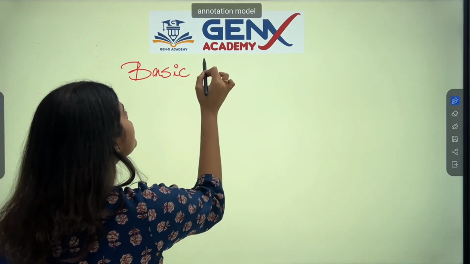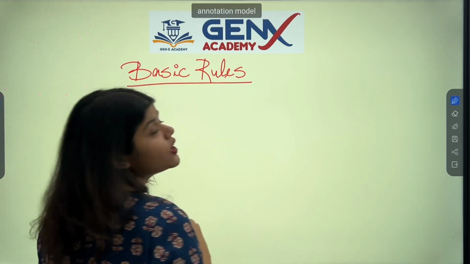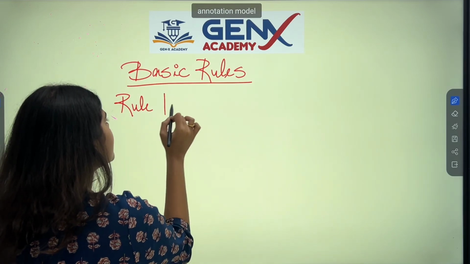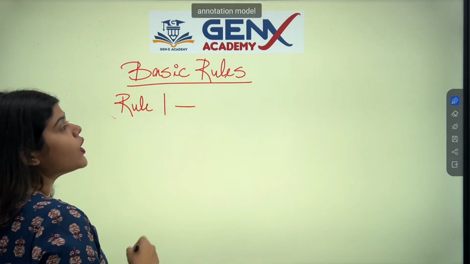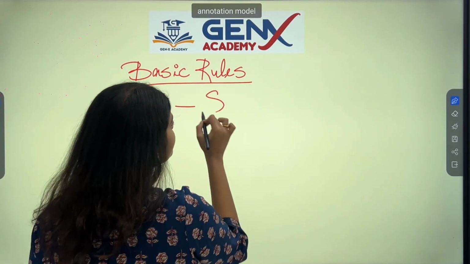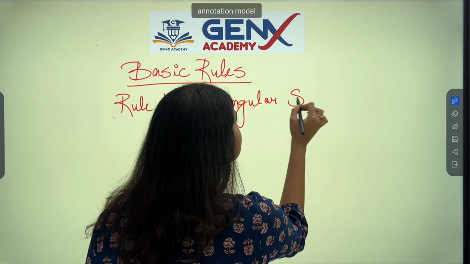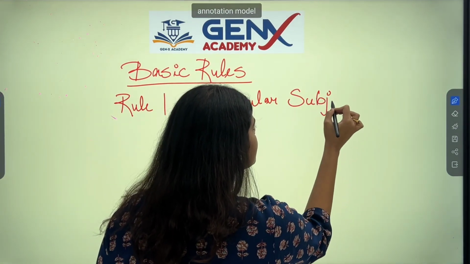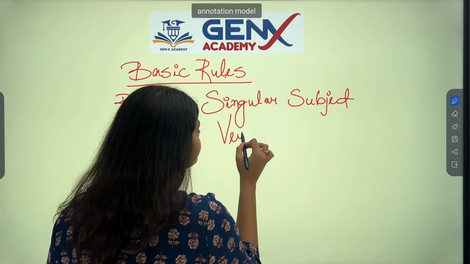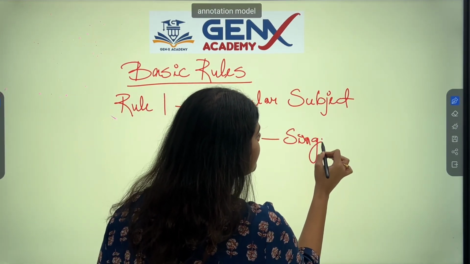So, the basic rules for your subject and verb agreement. Rule number 1 says, so what did I mean with the term grammatical number is that if there is a singular subject in a sentence, there has to be a verb in a singular form as well.